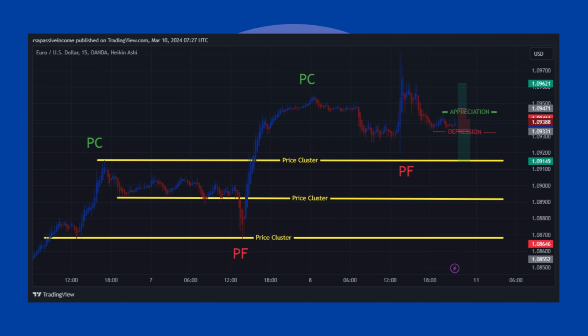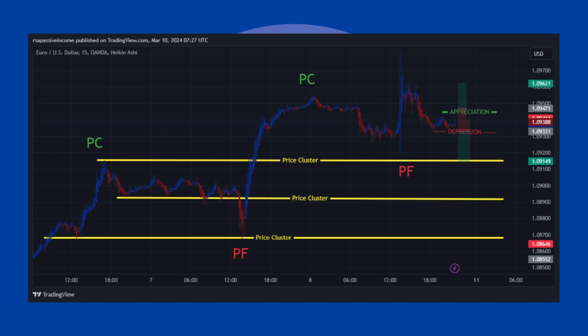And lastly, on the downside, I have another price clutter here. All right. So I have all the price clutters.